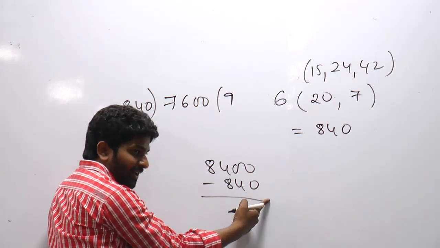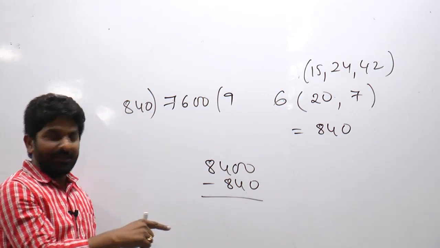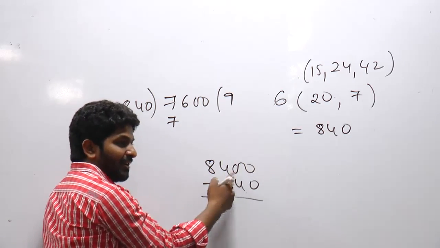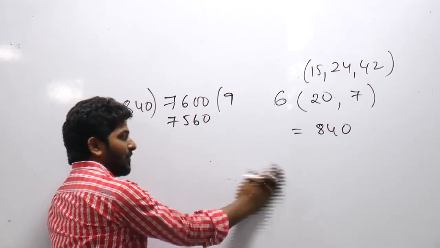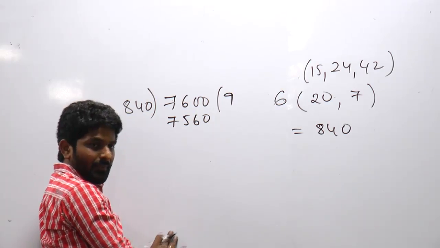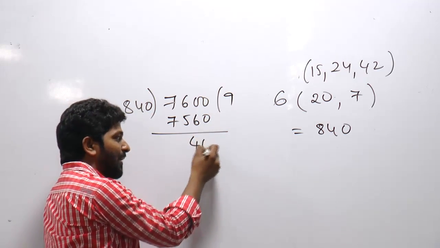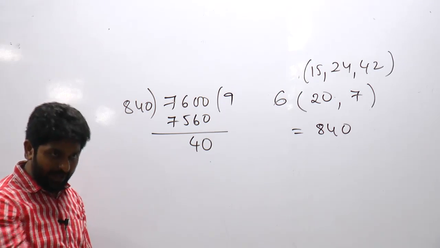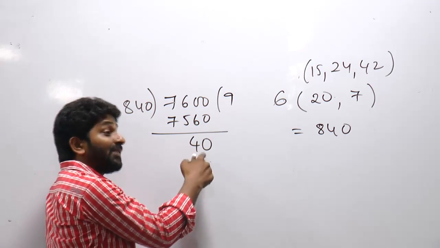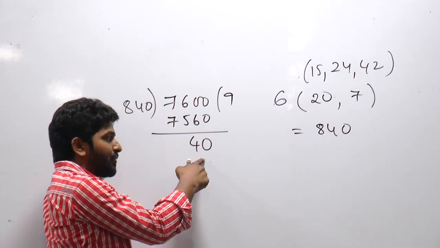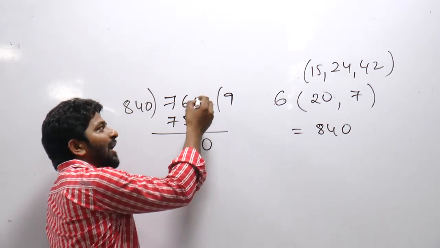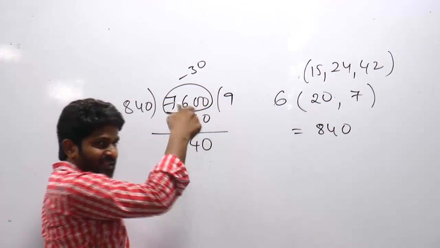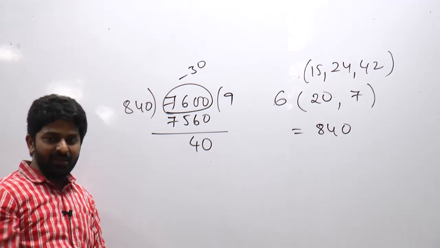Subtract 1000, add 160. Subtract 1000, 700, add 160, 560. So 9 times of this number. So in this case, what remainder are we getting? 40. But how much is expected here? 10. So we have 30 extra here. So in order to have 10 here, I think I must subtract 30 from 7600, right? And that's what you are asked to calculate.